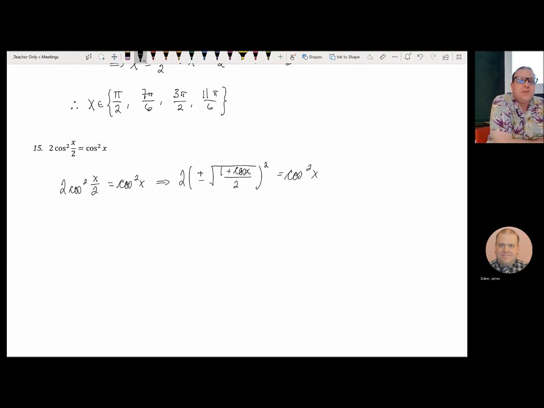Half angle identity for cosine. Good news. Doesn't matter if it's positive or negative. Once you square it, it becomes positive.